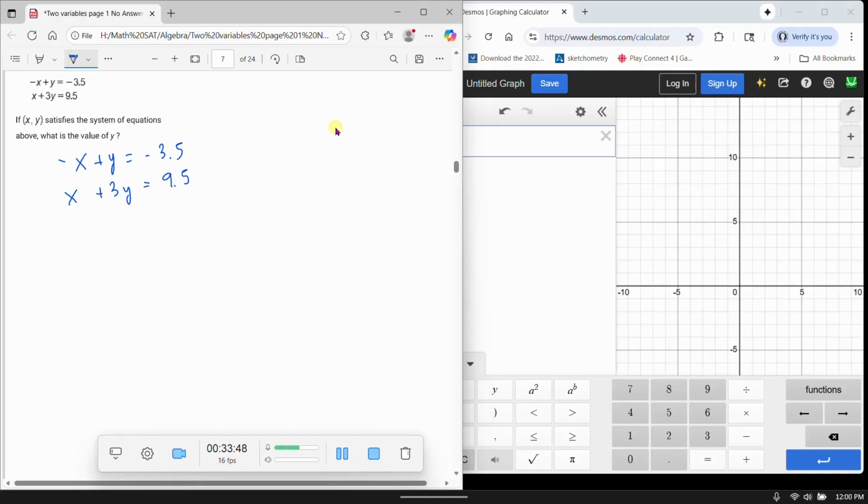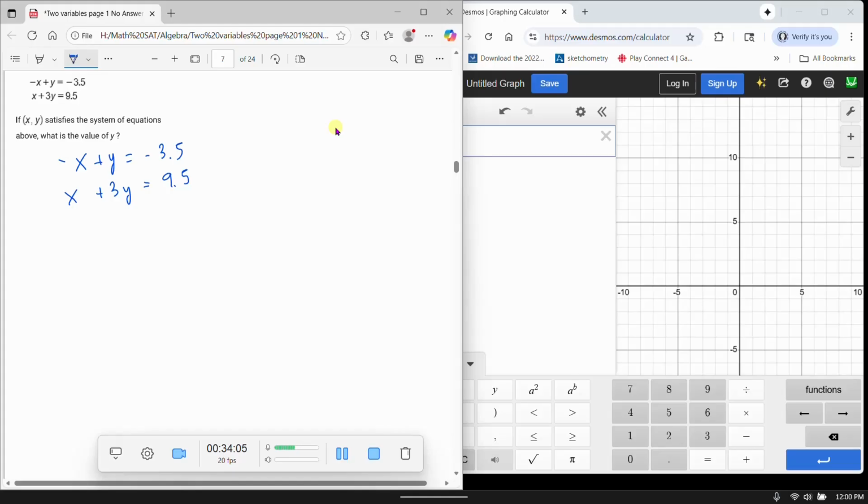Now, many students, as soon as they see a system of equations, the only thing they remember is substitution. To me, substitution is the more challenging way to solve a system of equations. So you should not use substitution. We can use the addition or subtraction method to solve the system.